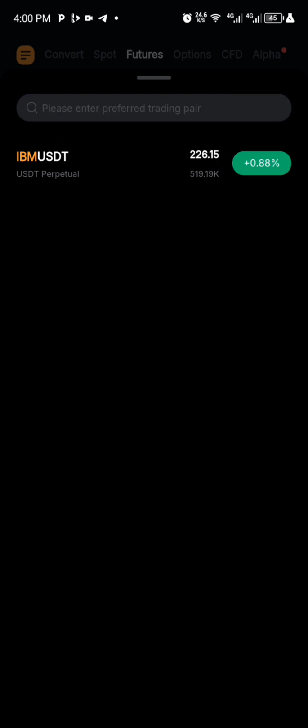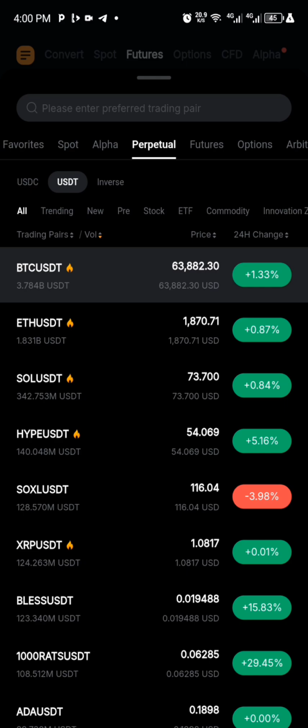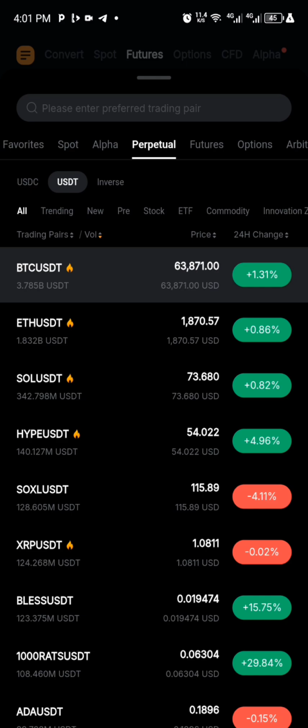Sometimes during your search, you may end up seeing the same pair but different results coming out. For instance, you see BTC USDT, you see BTC USD, you see USDT perpetual. So if you want to trade on futures, the name is perpetual.